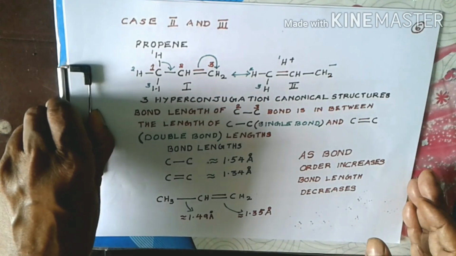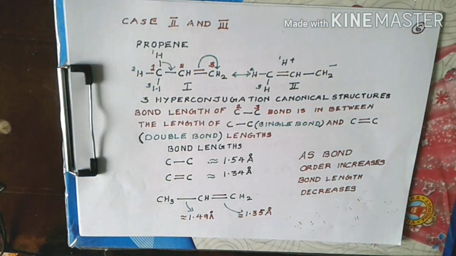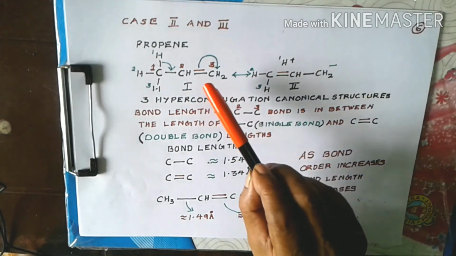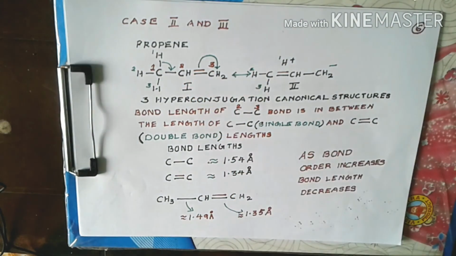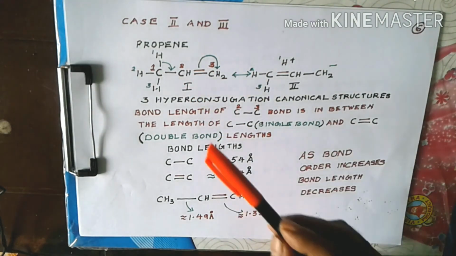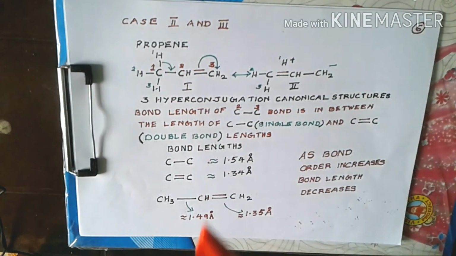Now coming to other examples, consider the propene molecule, that is CH3, CH double bond CH2. Between carbon 2 and 3 there is a double bond, and between carbon 1 and 2 there is a single bond.